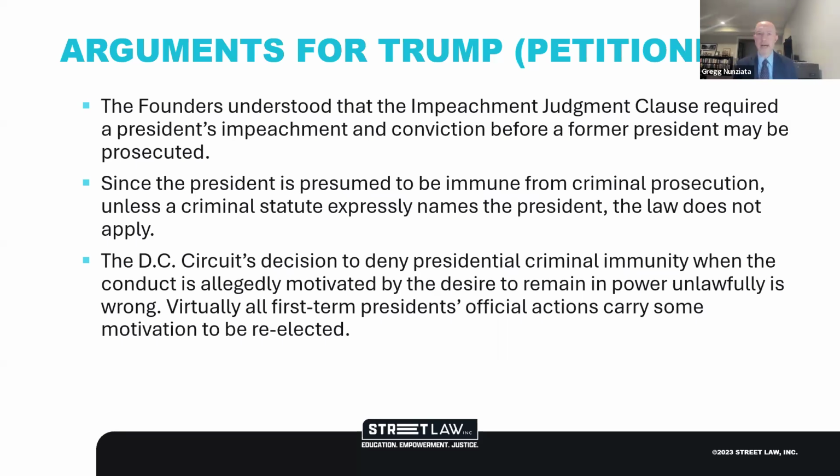And they also said that there should be such a strong presumption that the president is not subject to criminal prosecution that any criminal law of general applicability, we talked about the rule of law in the past, shouldn't be construed to apply to the president. If Congress wants to make a president subject to prosecution, it would have to specify that in each criminal law passed.